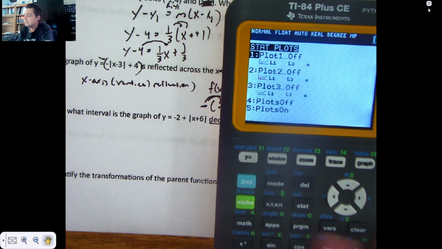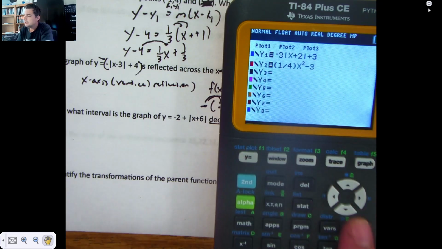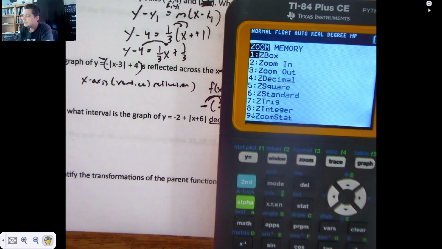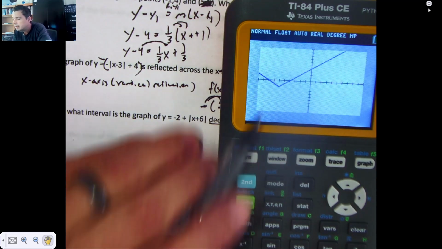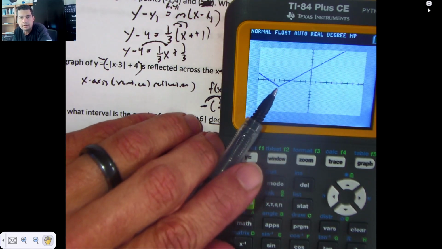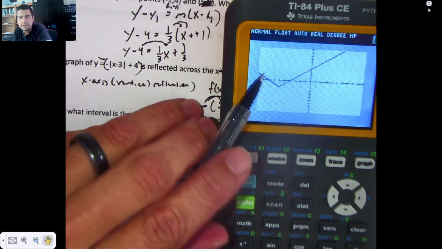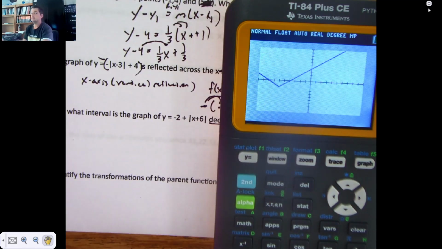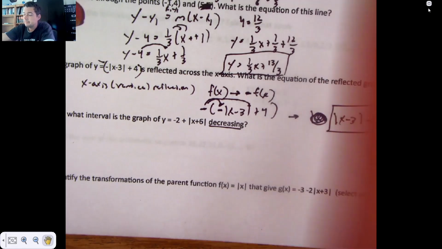You could have gone to y equals. You could have typed in negative 2 plus math num abs x plus 6 and then a zoom 6. You'd be like, oh, okay, right there. I'm decreasing from here to here. That's what you could have done. But you didn't do it.